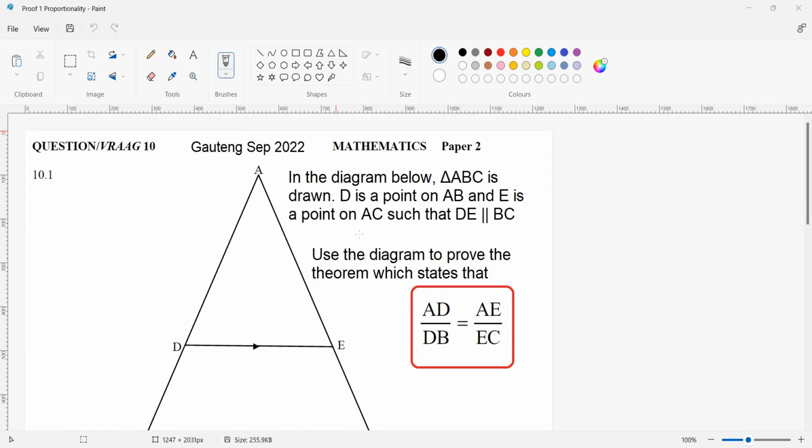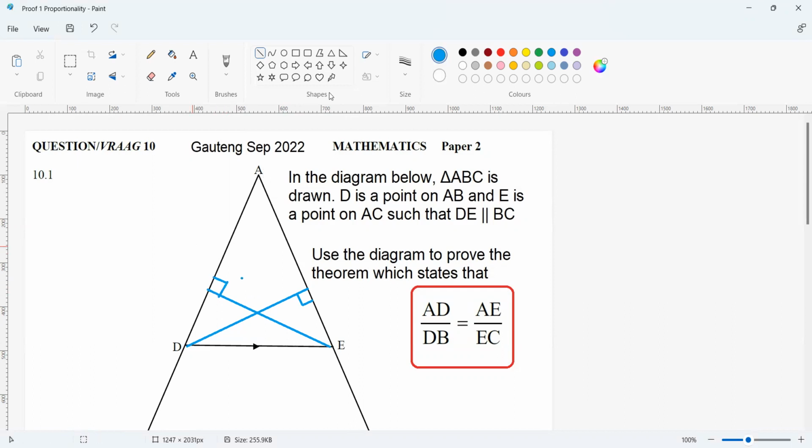So I'm just going to start with a perpendicular line, which we'll use for our proofs with areas. Okay. And we're going to do another one from this side to there, also at 90 degrees.